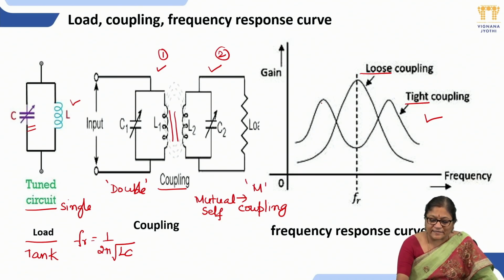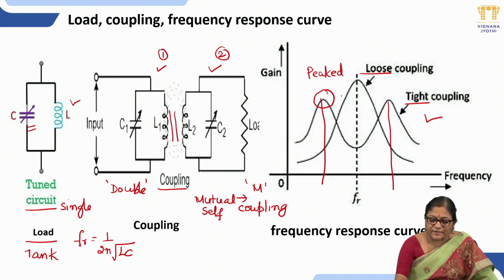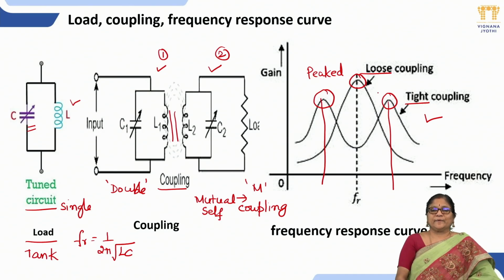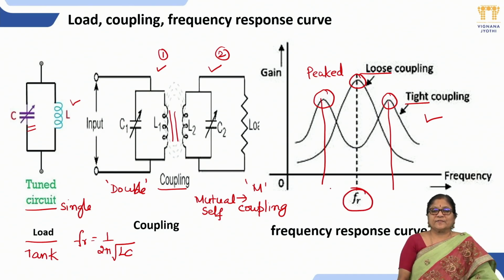But in any of the cases, at one particular frequency, you can see it has a maximum or peak gain. So this is the first important characteristic of a tuned amplifier. Even if it is a loose coupling, at one point you can get the maximum gain. For a tight coupling, at two points you can get the maximum gain. So this is going to be the frequency response curve, and this differs from one variant to another.